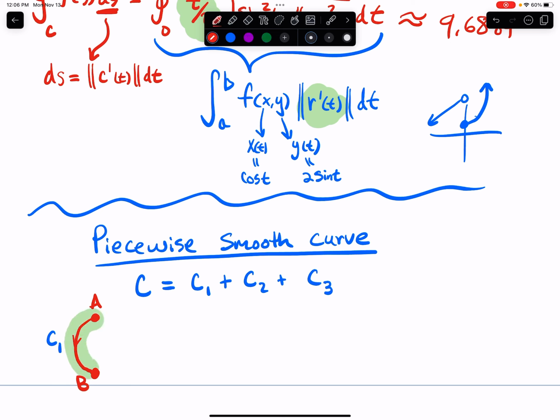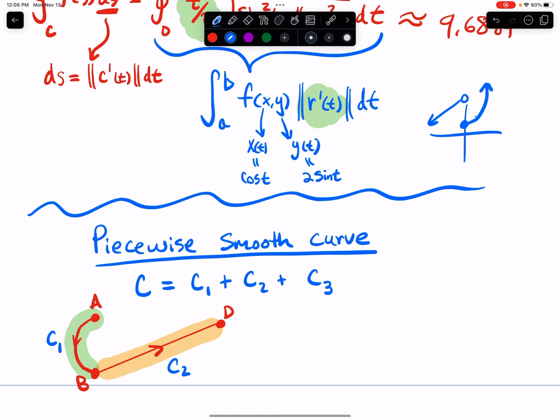And then maybe from here to here, now I'm going to go sharp, going this way from B to, let's say, D. This curve is smooth on that piece right there.